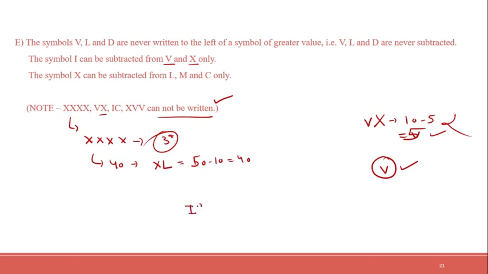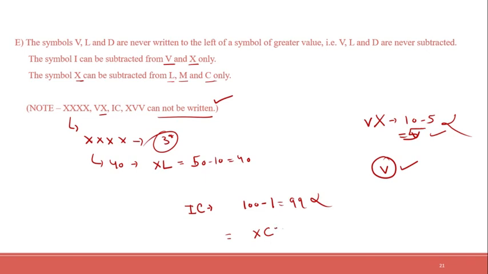Now it is written here IC. What does it mean? 100 minus 1 is equal to 99. It is wrong. Why? We cannot subtract 1 from 100, 1000 and 50. Why? Because only the symbol 10 can be subtracted from these. So this is wrong. How will we write 99? First we will write 100 here, then we will subtract 10. It becomes 90.